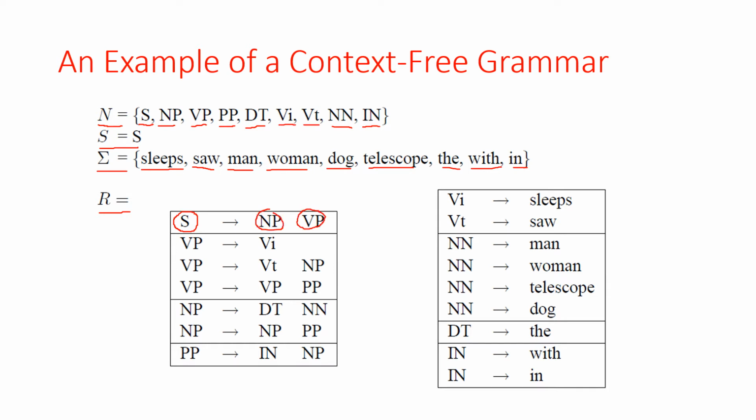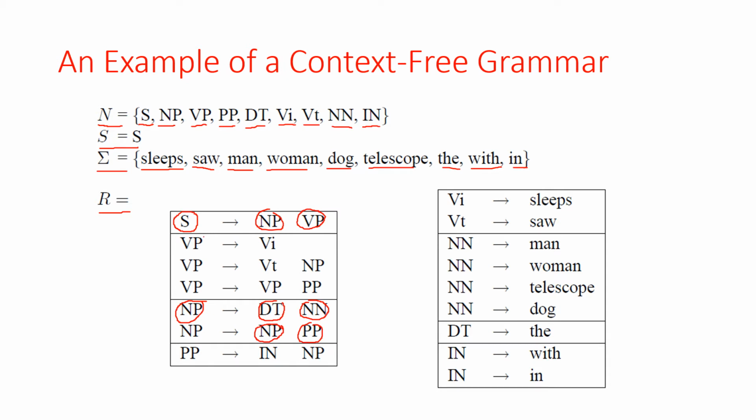And then we further decompose by using the following rules to decompose noun phrase, for example, either to a determiner and a noun, or to another noun phrase and prepositional phrase.